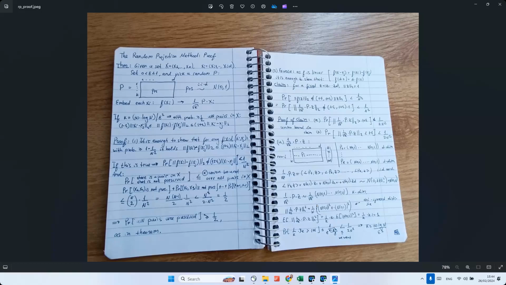But here we don't show this. We show something different. We show that if we pick a matrix from some distribution, computing multiplication of a matrix on a vector gives the same guarantees.